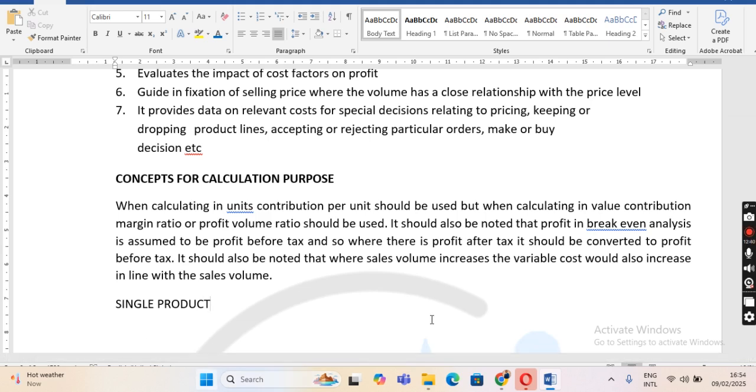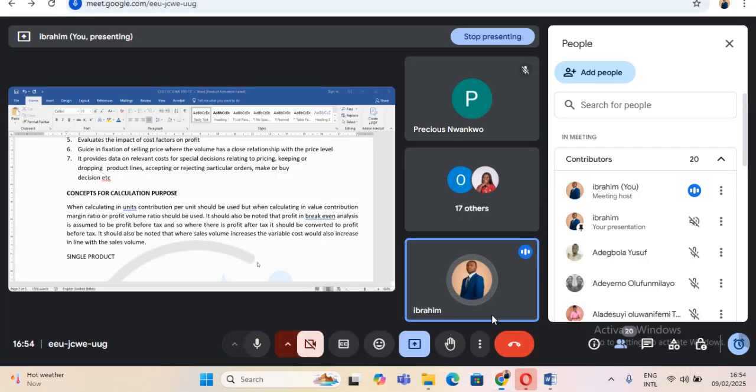Then you still have the one of multiple products, right? Single products means that it is only one product you were given in the question. And you were told what will be the break-even point in unit or in naira, what will be the profit after tax, or when we want to make a target profit of 2 naira, and so on, right? Now, this is to tell you that it is a single product.